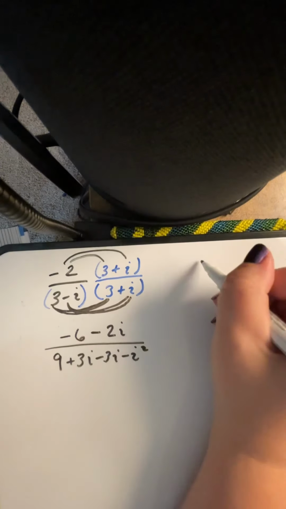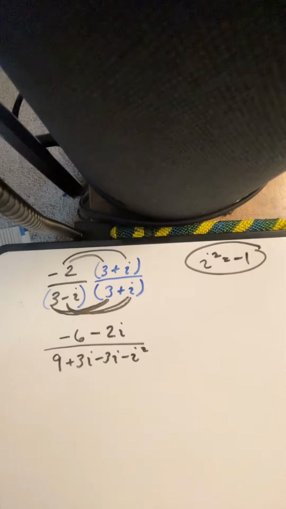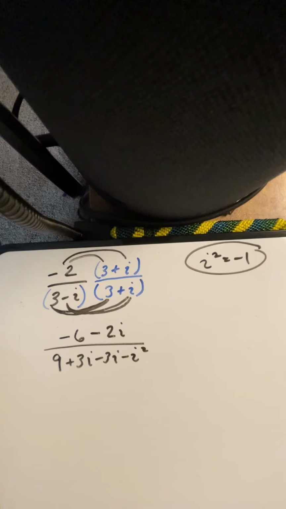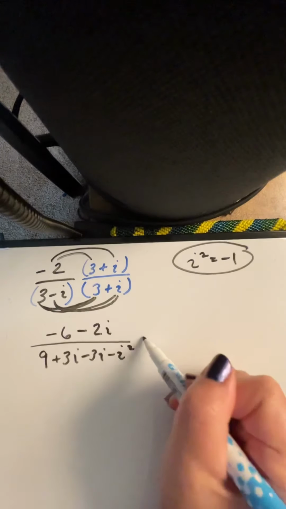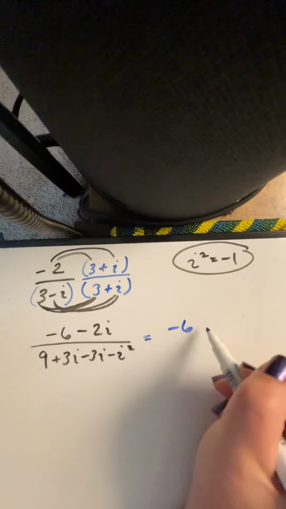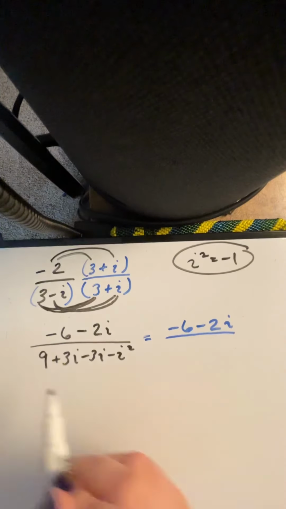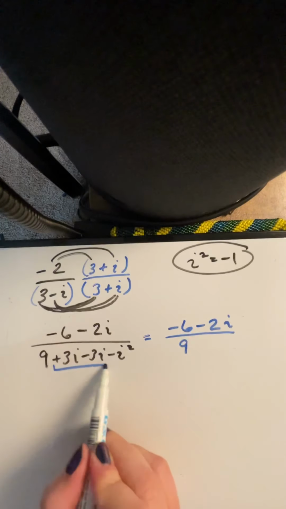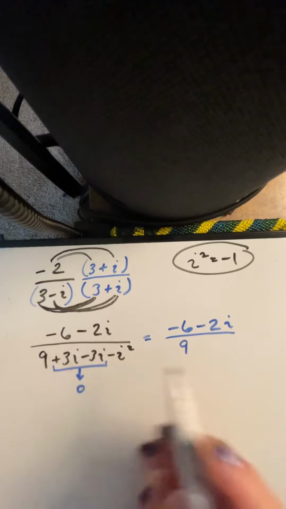Again, remember that i squared equals -1, so we can rewrite anything that's in terms of i squared as a -1. So for now, we're going to leave our numerator the same. We have -6 minus 2i. In our denominator, we have 9, plus 3i minus 3i, which is just equal to 0, so it goes away.